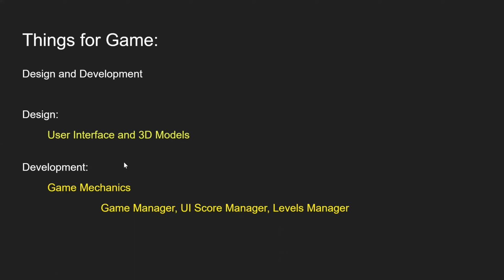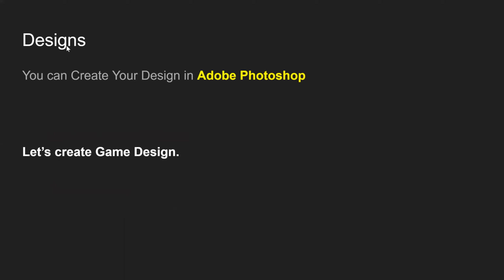For that we will have 3 main scripts: a game manager, a UI score manager and a level manager. There will also be a ball script from where we can shoot the ball. That's it, and it is simple. For designs, you can create your design in Adobe Photoshop.